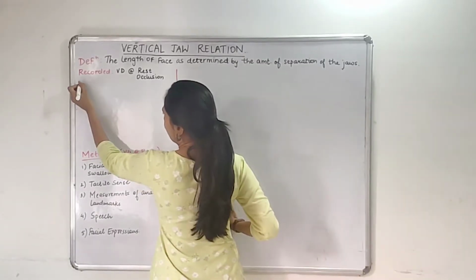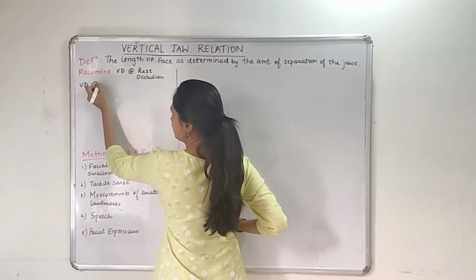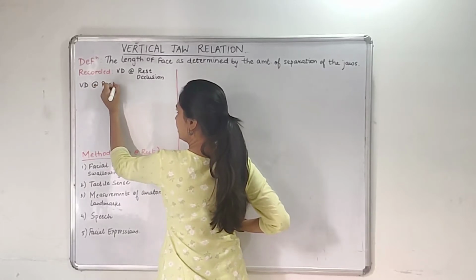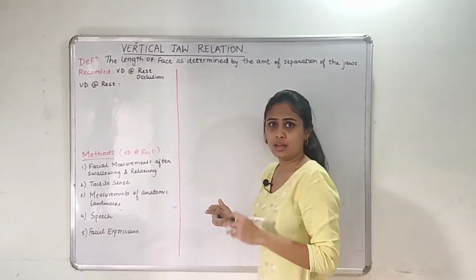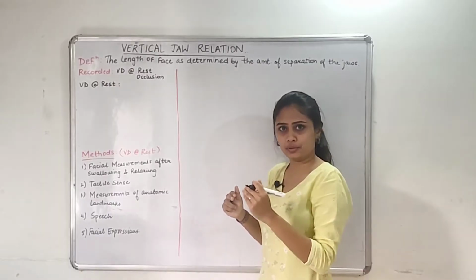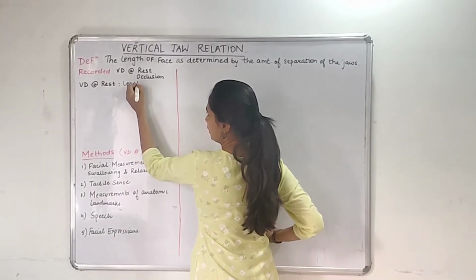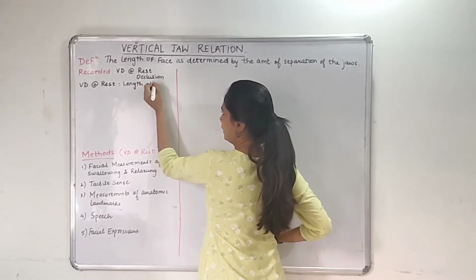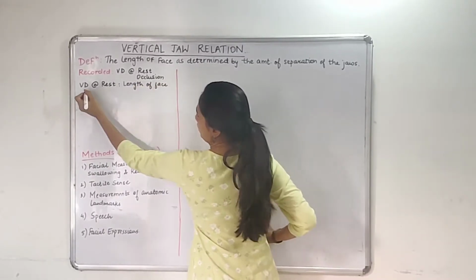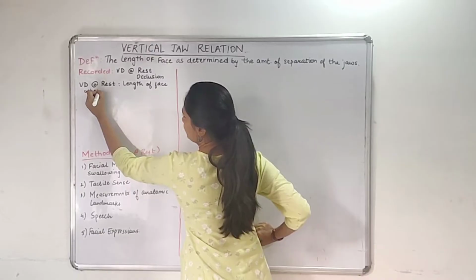So basically VD at rest, that is vertical dimension at rest, is the length of the face when the mandible is in rest position.